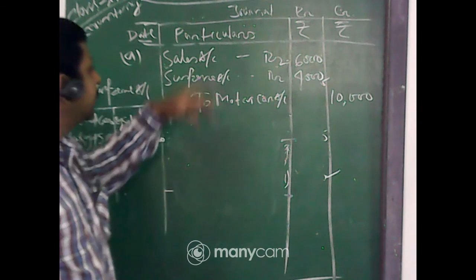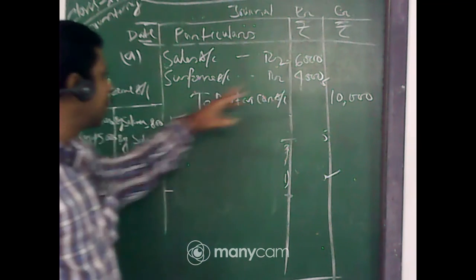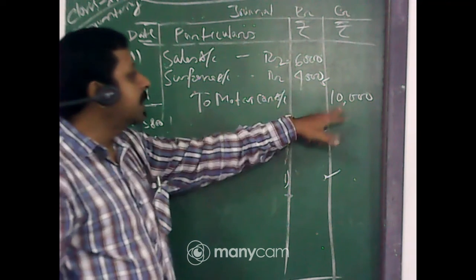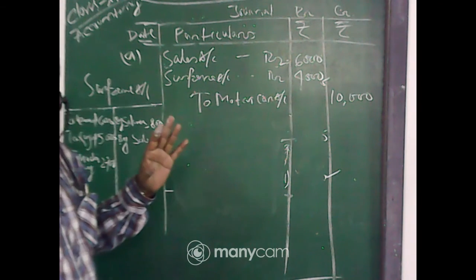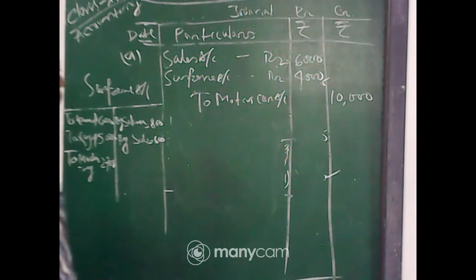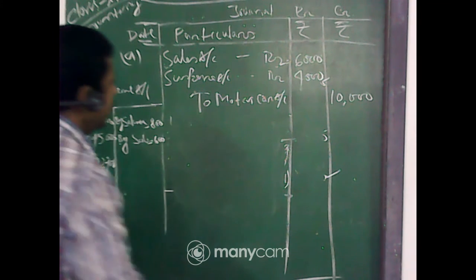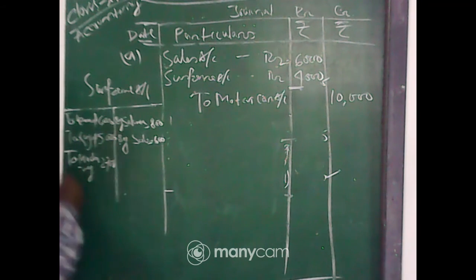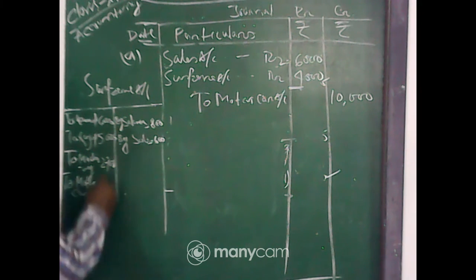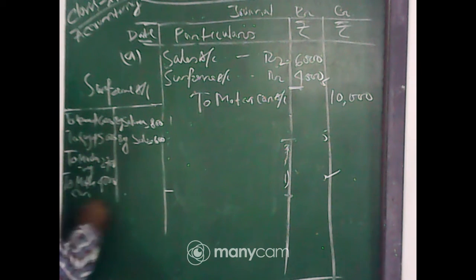But here they credited 6,000 and motor car is 10,000, so the other amount, 4,000, is debited. If we do not find any account, we use the suspense account. Suspense account debit, to motor car 4,000.